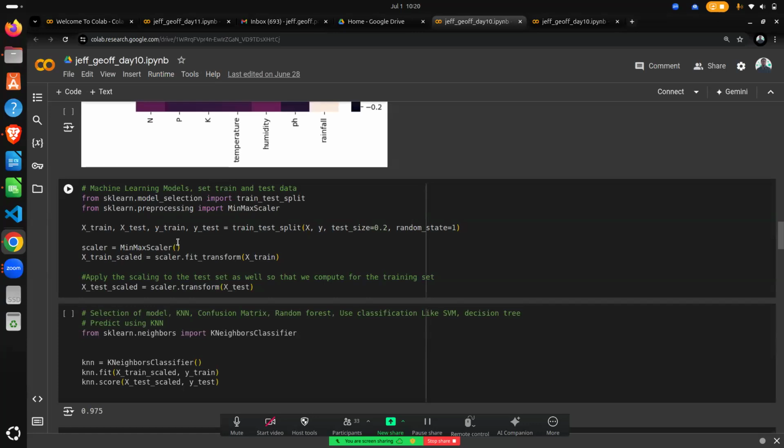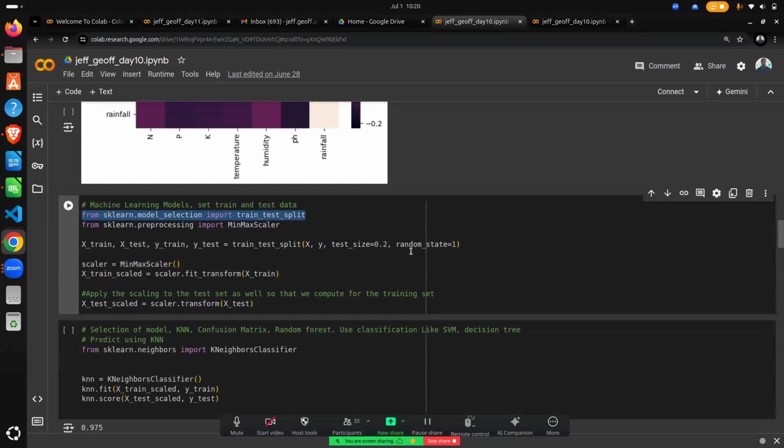So now here, what we are trying to do, forget about this line of code, but just look here. From scikit-learn model selection, import train test split. This is the one which is responsible for dividing your data, and the test size, I told you, you can have 20.